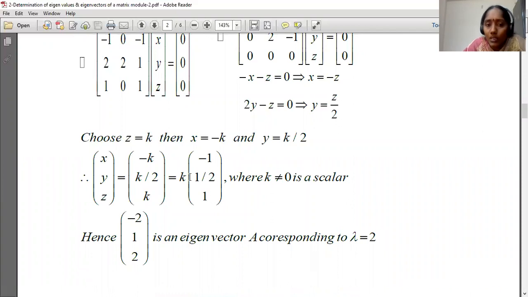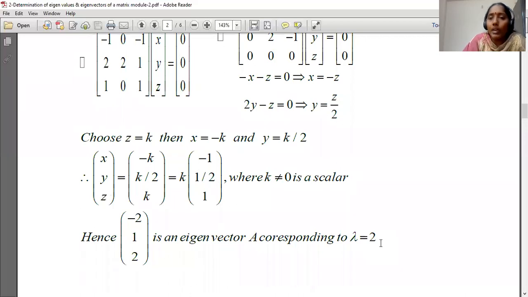Here, observe this. The second row is having 1 by 2, a fraction. So every constant multiple of this vector is also an eigenvector. So I am multiplying this vector with 2 only for simplification. So then it becomes minus 2, 1, 2, which is also an eigenvector corresponding to lambda is equals to 2.